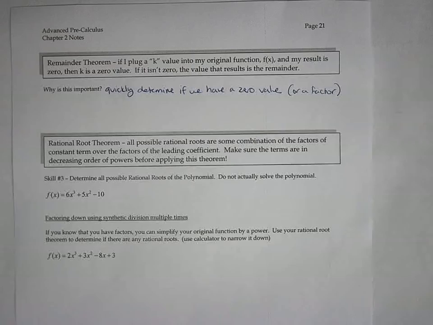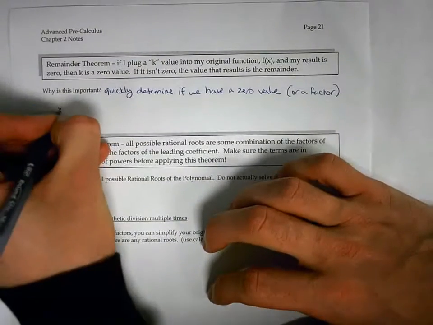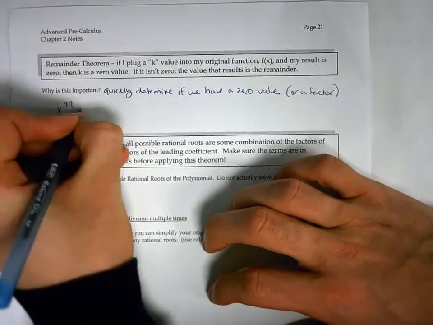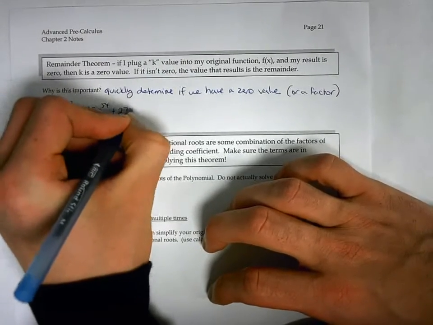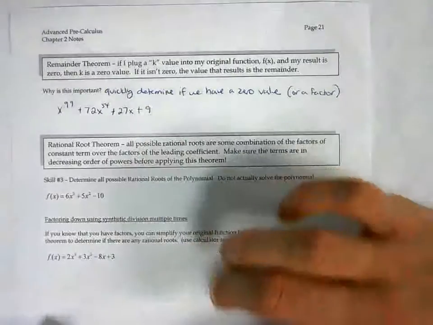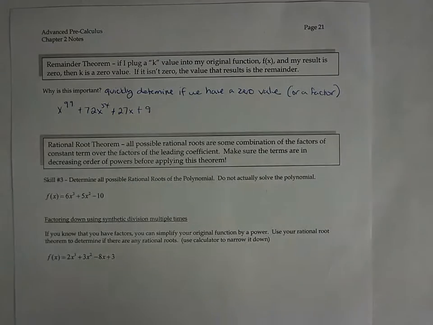And let's say my polynomial that you are given, and this is going to be an extreme case, was x to the 99th plus 72x to the 54th plus 27x plus 9. Yeah, there's only 4 terms there, but remember with synthetic division, you need to have that 0 as a placeholder for every single decreasing power for your variable.